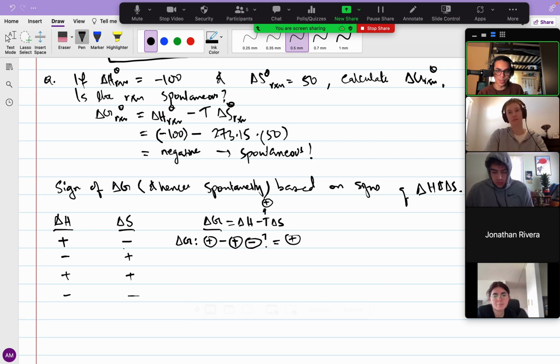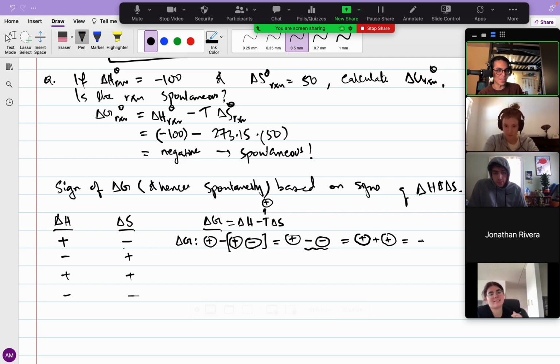So let me just put this in parentheses. So it becomes a positive number minus a negative number. What about this part? What's the negative of a negative number? It's a positive. And so it's a positive plus another positive number, which we always know is positive. Aha.